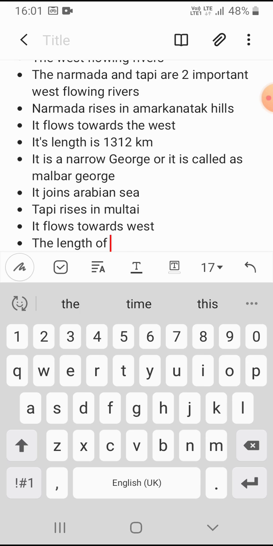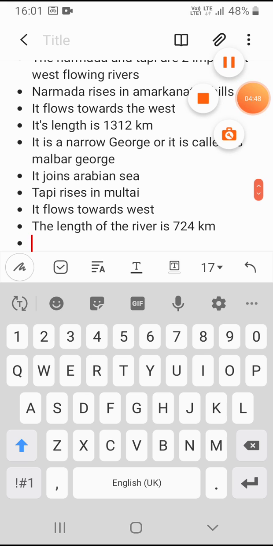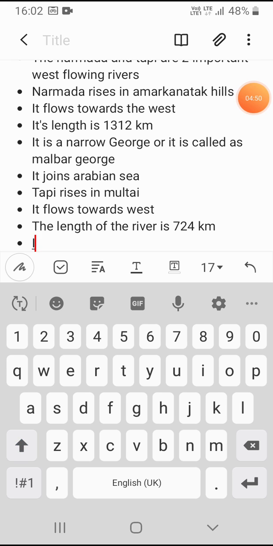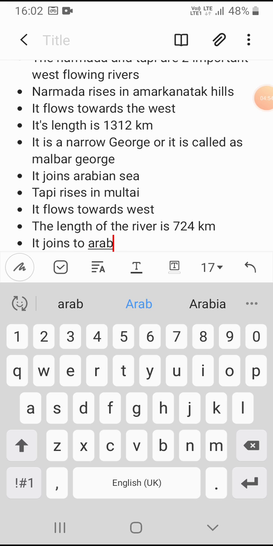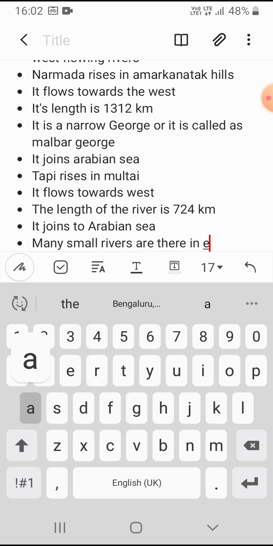The length of the river is 724 kilometer. Afterwards it joins the Arabian Sea, and many small rivers are there in the west.